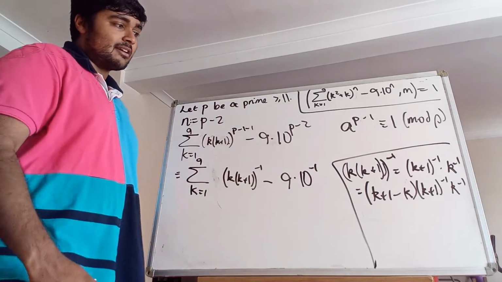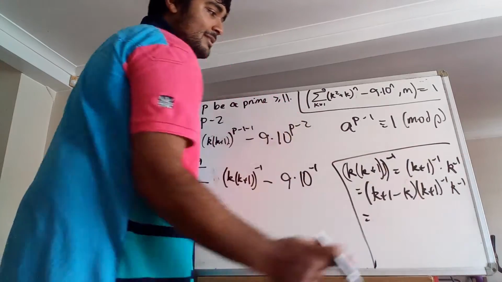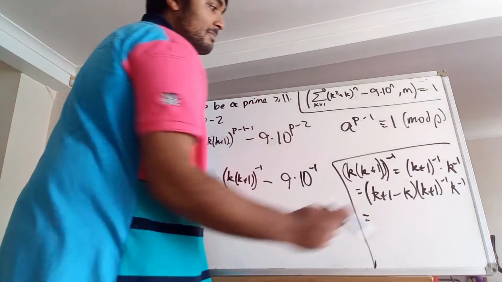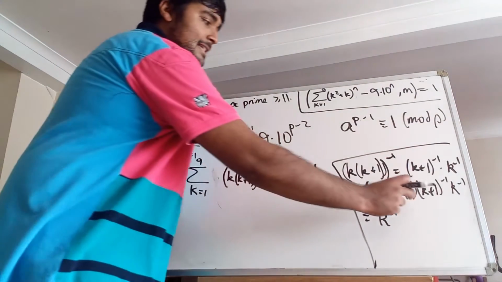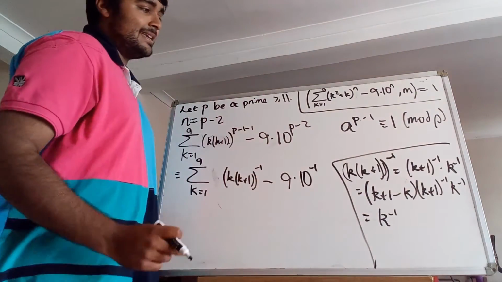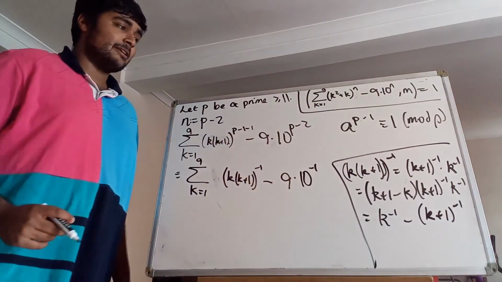And now what we're going to do is just expand the brackets, because if I multiply k plus 1 by what's outside the brackets, the k plus 1 and k plus 1 inverse are going to cancel, and I'm just left with k inverse. And then this minus k here is going to cancel with that k there, so I'm just left with minus k plus 1 inverse, like so.